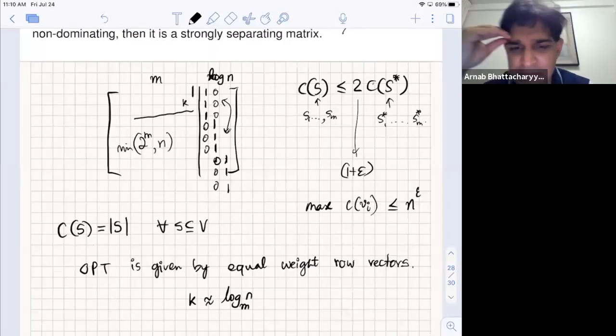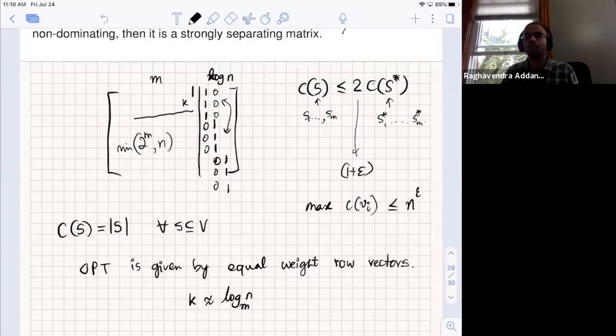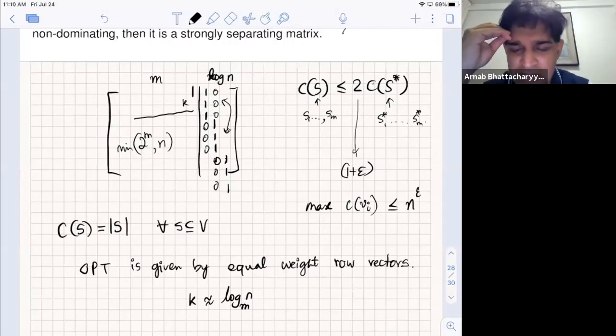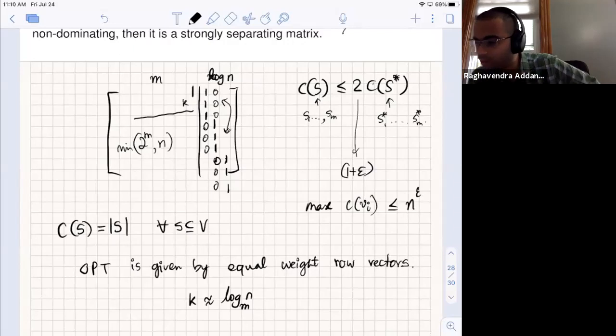That is the optimal, right? If all of them are of equal weight, then you would expect each of these intervention sets to be of equal size. And what is that size?